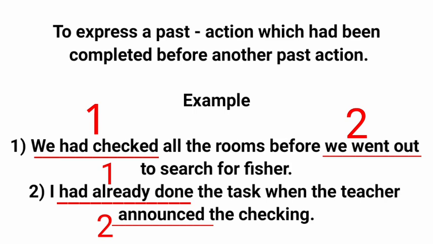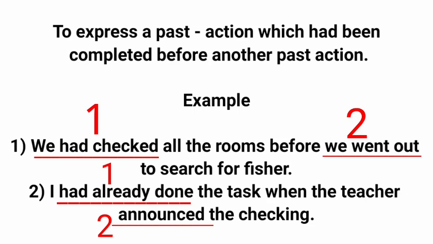Now let me explain this with another example. Suppose you say, I had already done the task when the teacher announced a surprise checking. Now here also you have two tenses. One is had already done the task. The other is teacher announced a surprise checking. So please note that before the teacher announced a surprise checking, you had already done the task.